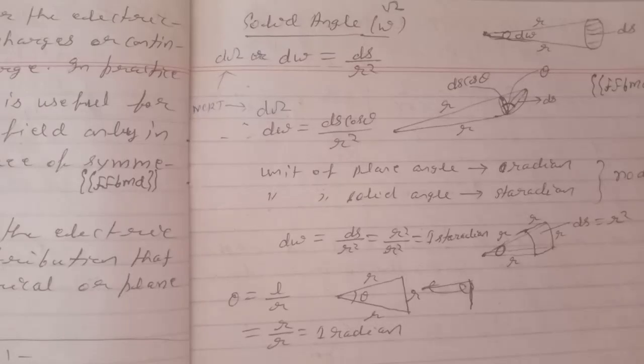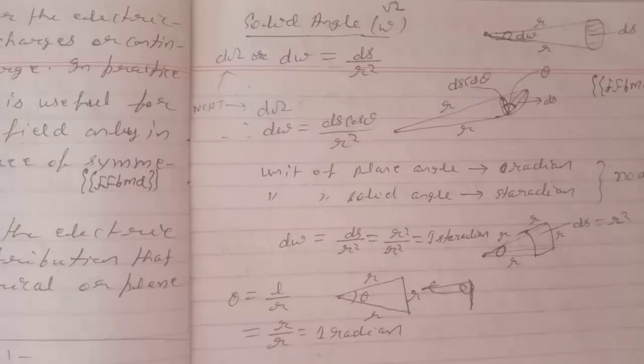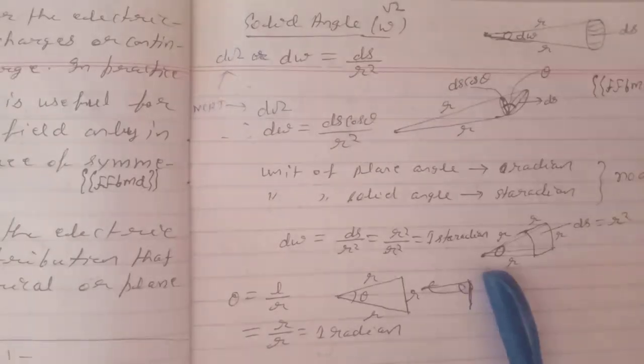Thus 1 steradian can be defined as follows: if the surface has an area equal to the square of its distance from the point, then the solid angle made by that surface at that point is called 1 steradian.